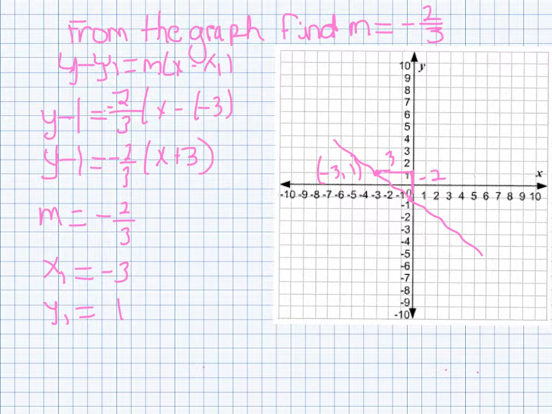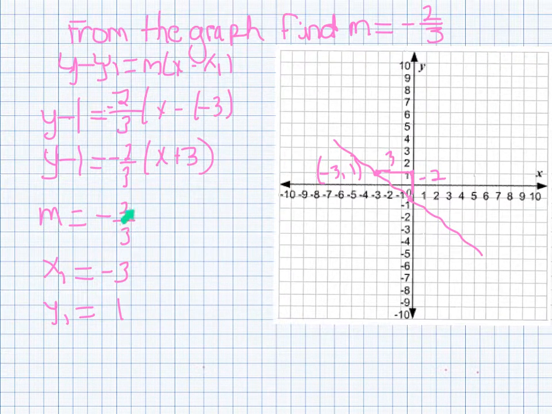So the y-coordinate is 1, the x1 value is negative 3, and our slope is negative 2 over 3, which is right there. So here I've rewritten it, and I had a double negative right here, which is a positive. So now our equation is y minus 1 equals negative 2 over 3 times x plus 3.